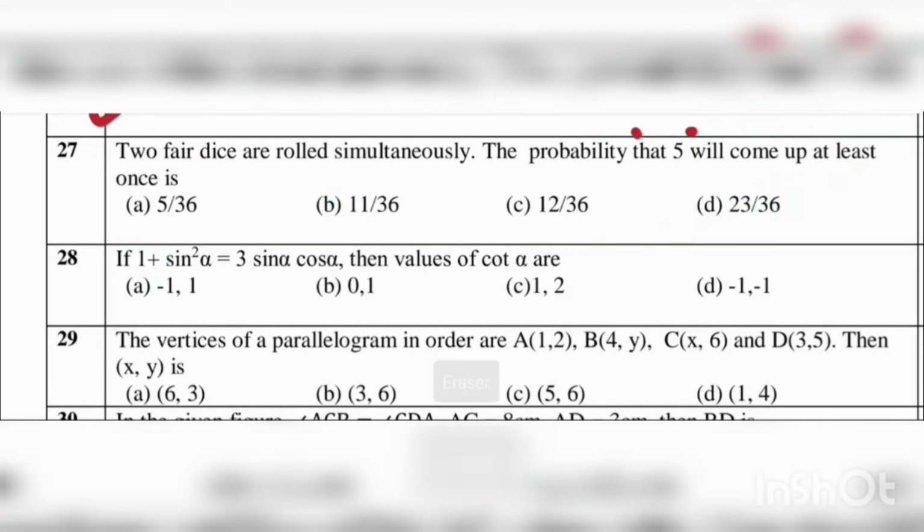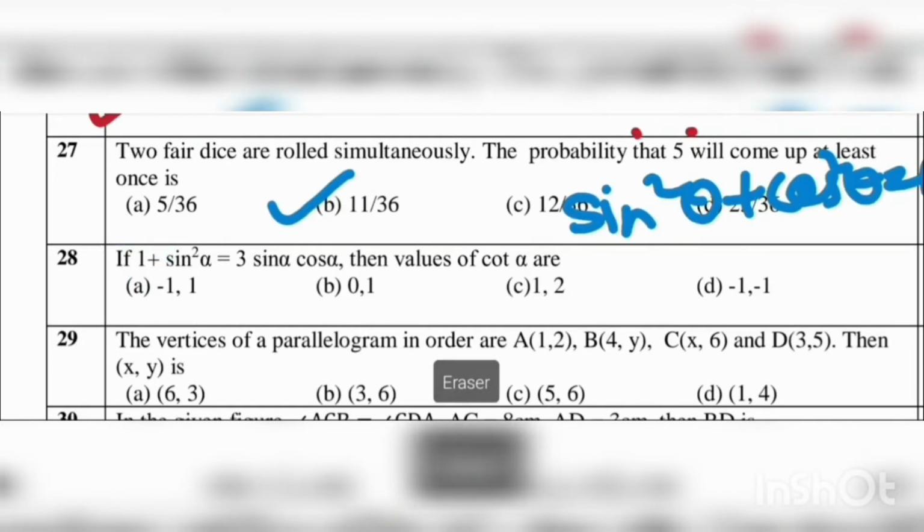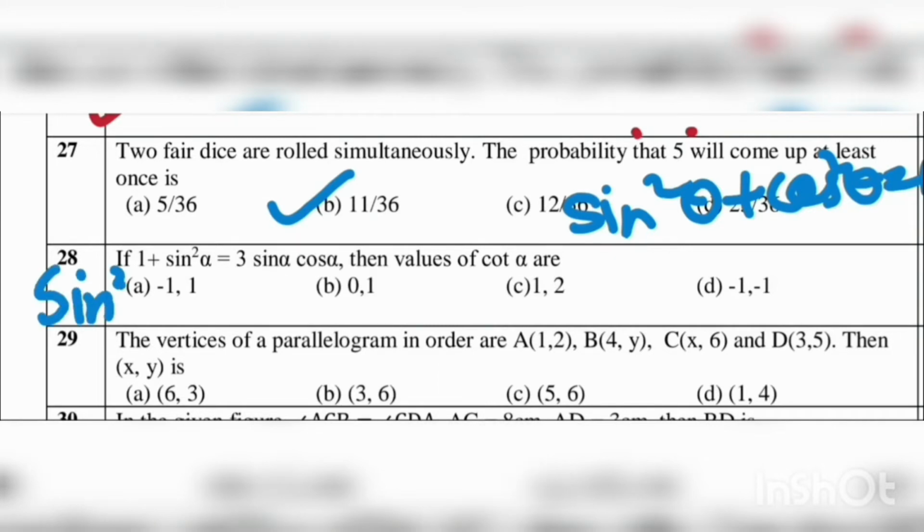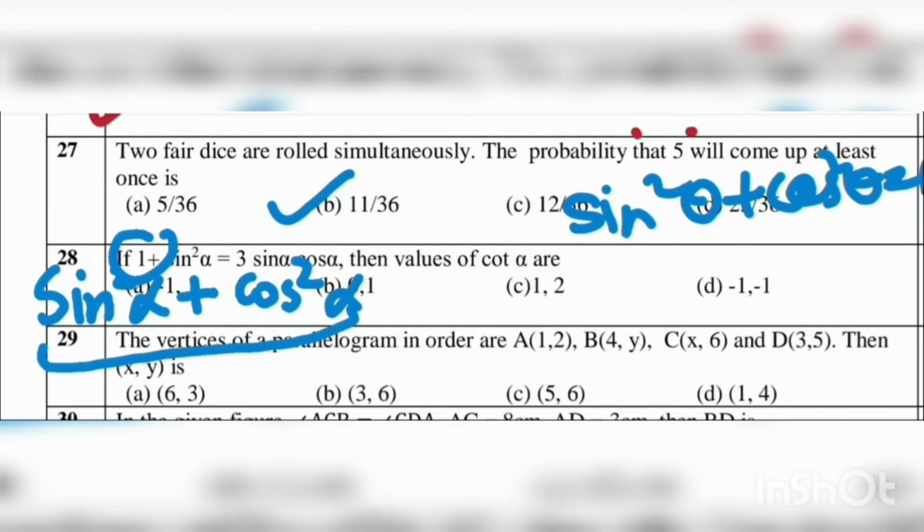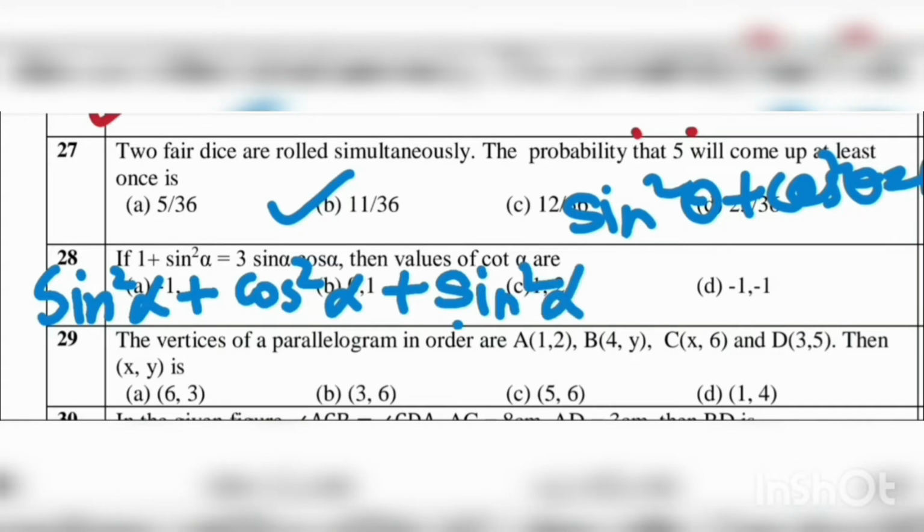We can rewrite this equation as 1 can be written as sine square alpha plus cos square alpha, plus we have sine square alpha also. This 1 I have replaced with this identity, and one more sine square alpha is already there. So this sine square alpha and this sine square alpha will get added up.